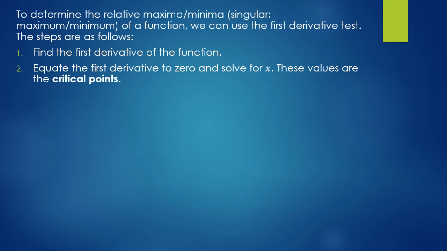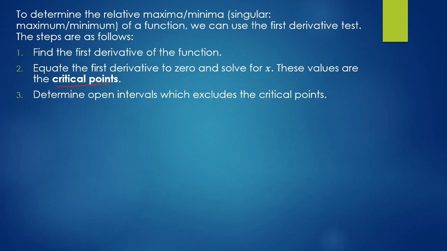And the second step is to equate the first derivative to 0 and then we solve for x. So we use the usual processes. If we get a linear, quadratic, even cubic function, we just use the previous knowledge that we have from algebra in finding the values of x. And the answer or the solution to that equation are what we call the critical points.